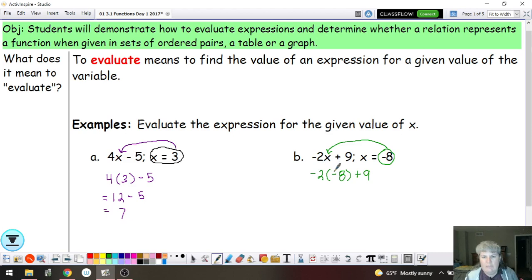Negative times negative becomes a positive. 2 times 8 is 16, plus 9 is 25. So when we're evaluating an expression, we are replacing a variable in the expression with what that variable equals.